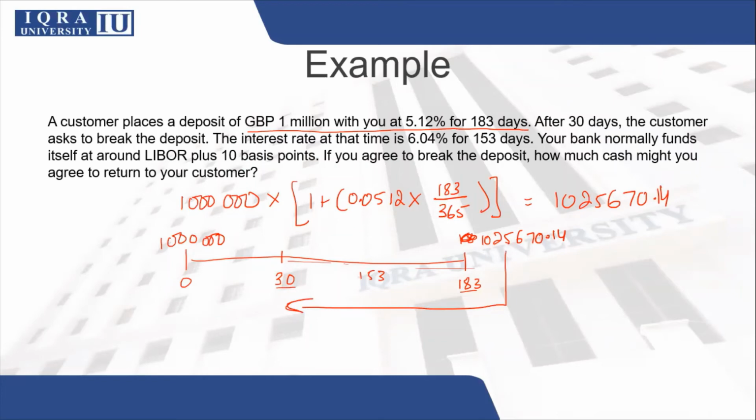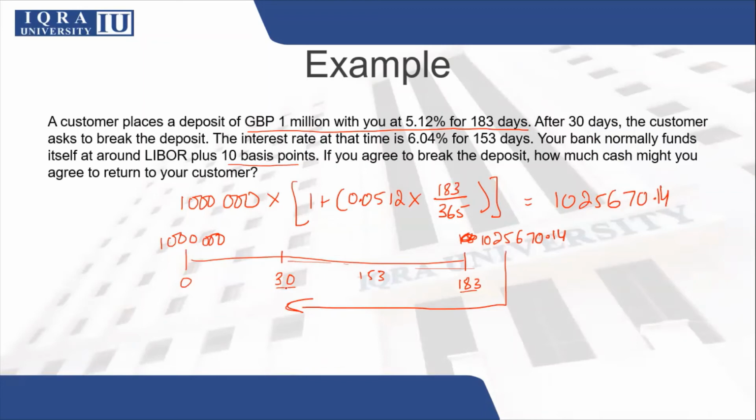And you're going to discount this value at the 6.04% plus the 10 basis point rate. Again, I'll repeat this. The bank is supposed to take a loan here because you're going to break the deposit here. What amount of loan should the bank take so that they're gaining nothing and losing nothing?